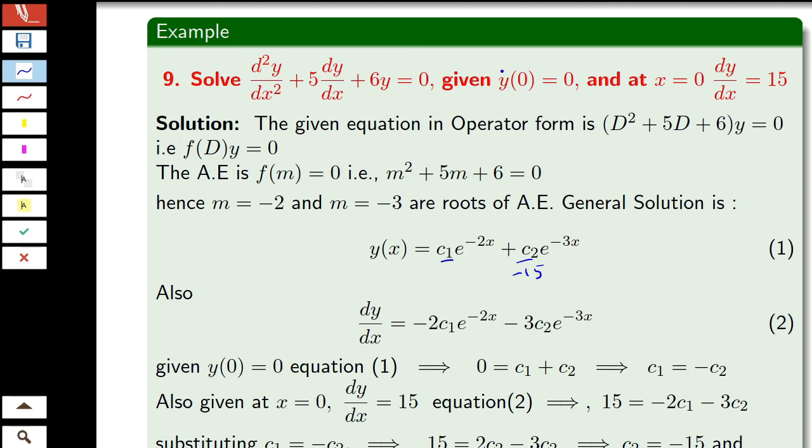If it is second order, two conditions are given; if it is third order, generally they will provide three conditions. So this is all about the solution of higher order differential equations with constant coefficients that are homogeneous. If the right side is 0, that is called homogeneous. If it is other than 0, that is called a non-homogeneous differential equation. That we are going to see in the next lecture.